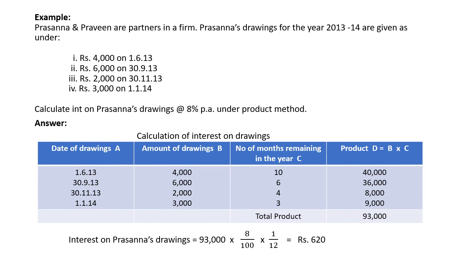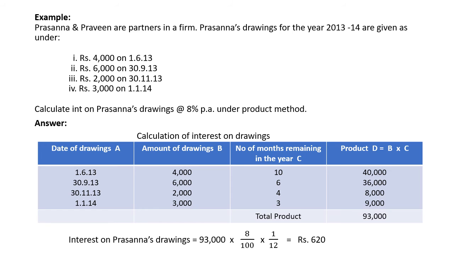We have to calculate his interest on drawings at the rate of 8% per annum under this method. Let us apply into the format. In column A, we have to record the dates, that is 1/6, 30/9, 30/11 and 1/1. And we have to record his amount of drawings in column B, that is 4,000, 6,000, 2,000 and 3,000.